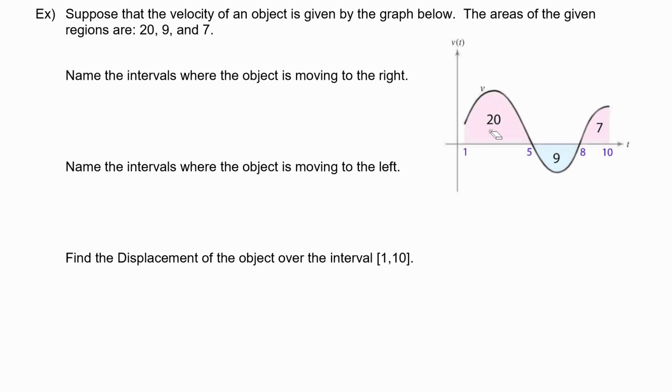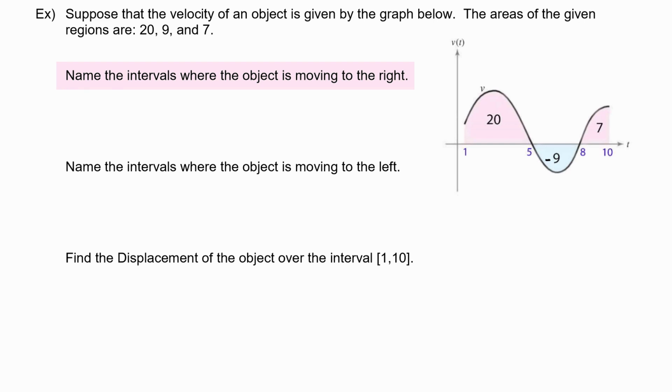We know this first area is above the x-axis, so then the net area is a positive 20. This second area is below the x-axis, so we know that its net area will be negative 9. And this third area is also above the x-axis, so its net area will be positive 7.